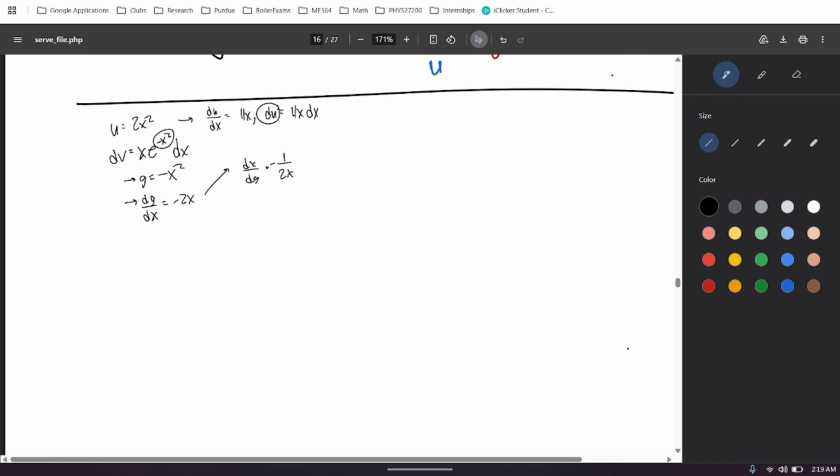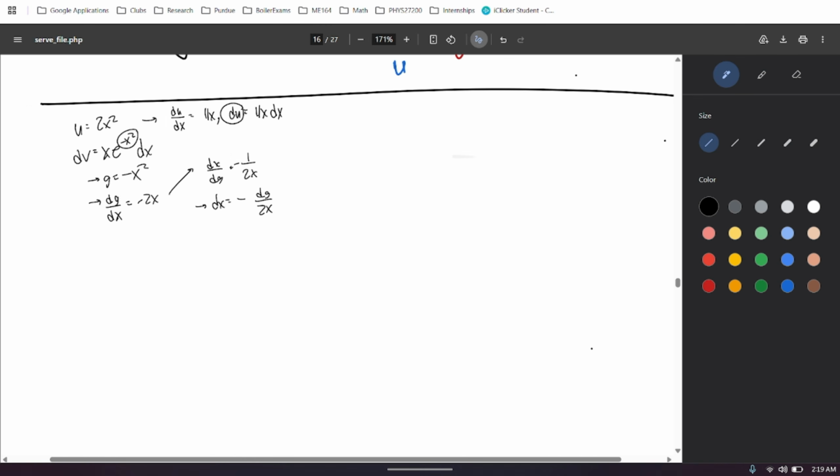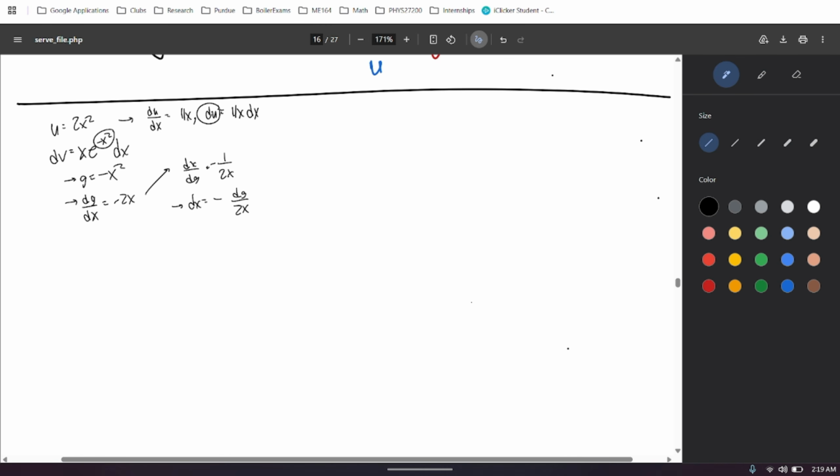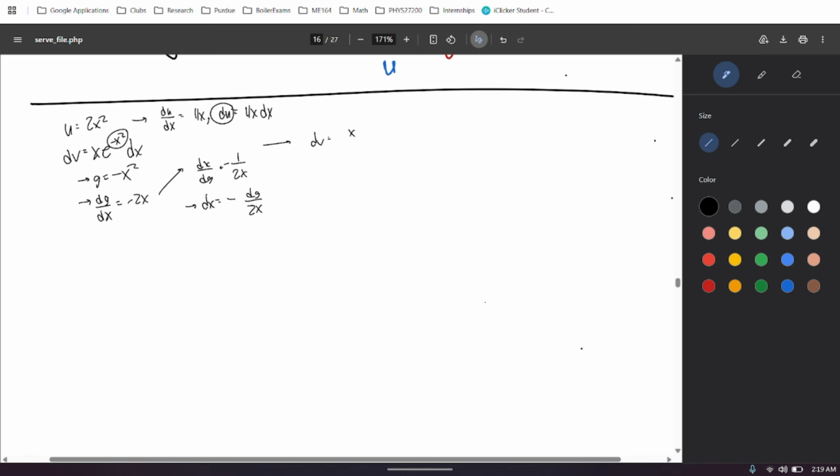Then this becomes dx is equal to negative dg over 2x. Then, plugging everything in, dv would become x over negative 2x multiplied by e to the g dg. But obviously these x's cancel. This becomes negative 1/2 e to the g dg.